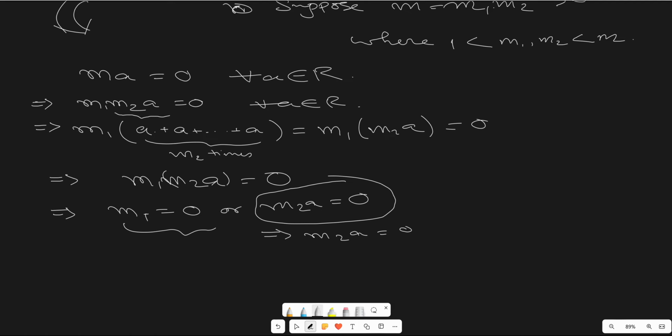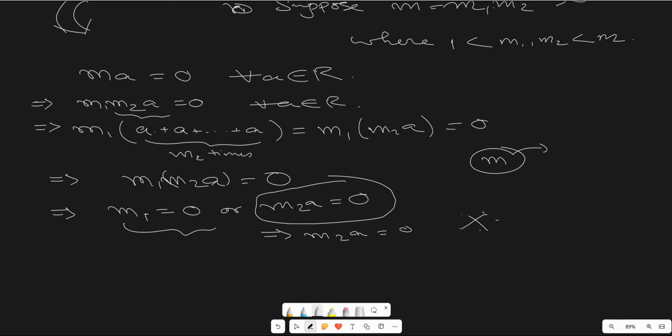What does it mean? If m2 of a is 0, this is going to be a contradiction to the fact that m is the characteristic of the ring, because m being the characteristic means m is the smallest positive integer such that ma is 0, right? But we are getting m2, which is less than m, still giving us 0.